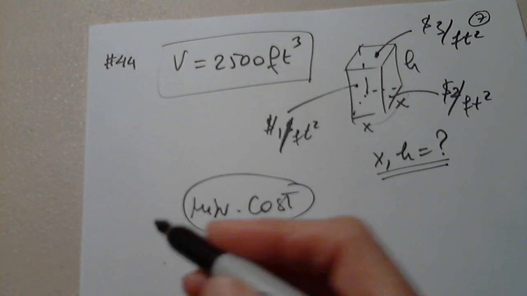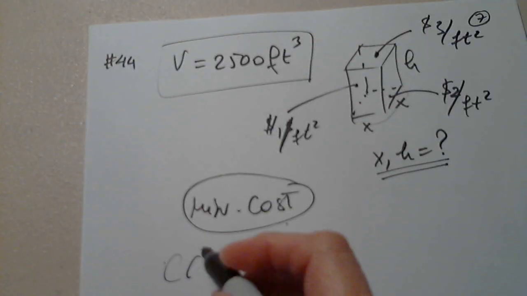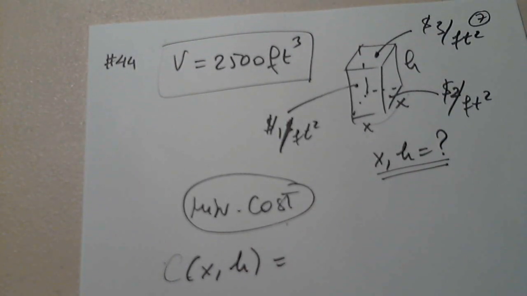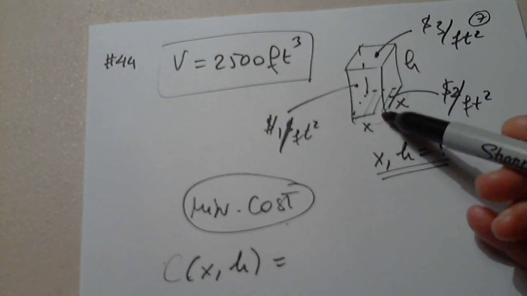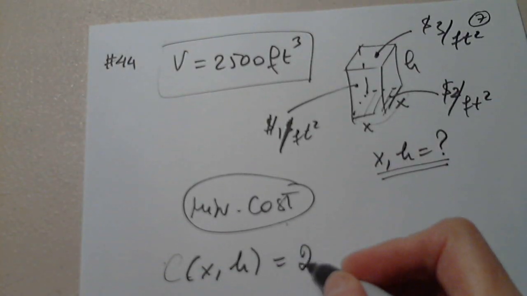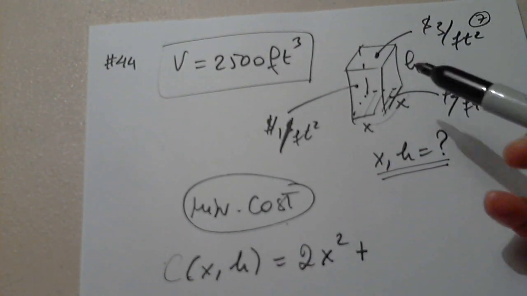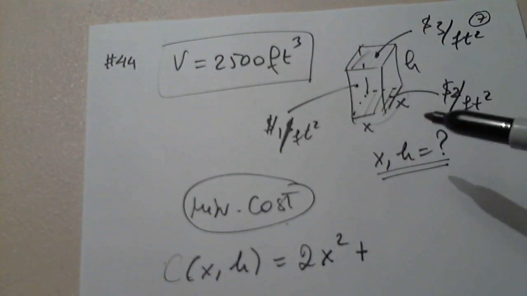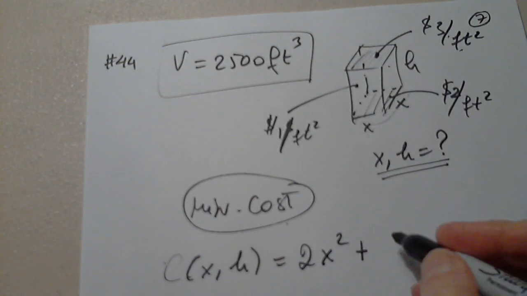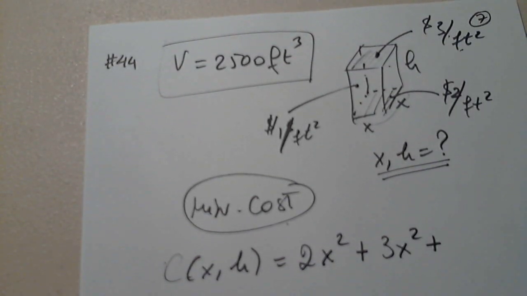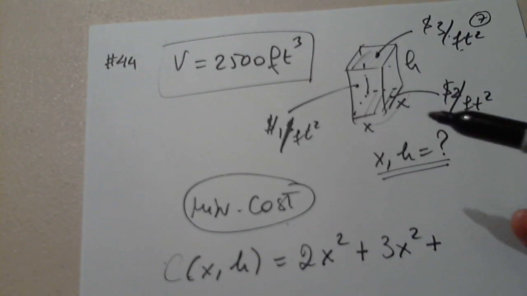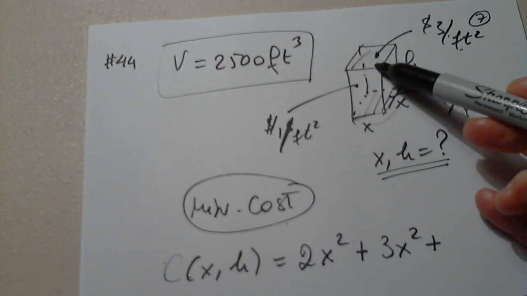Good. So first of all, I have to create the cost function. So the cost, in this case, of x and h is the base: the area of the base is x squared, times 2, so it's 2x squared, plus the cost for the top, which is the area times the cost, so it's x squared times 3, so it's 3x squared, plus the four sides, which are all the same size, x times h.